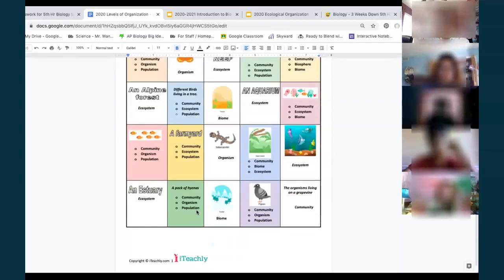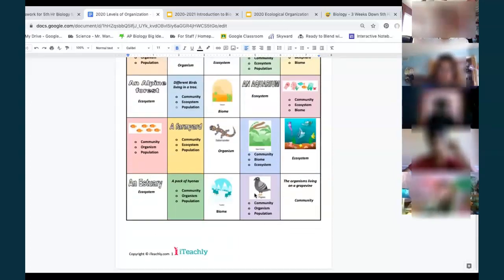And then you had a single organism here. So that was an organism. So the pack of hyenas, same kind, so they're a population. Here, these fish, same kind, they're a population. The farmyard could be tricky, I think, because I'm talking about an area, and ecosystems typically have a distinct boundary, so you know when you're outside of the farmyard, right?